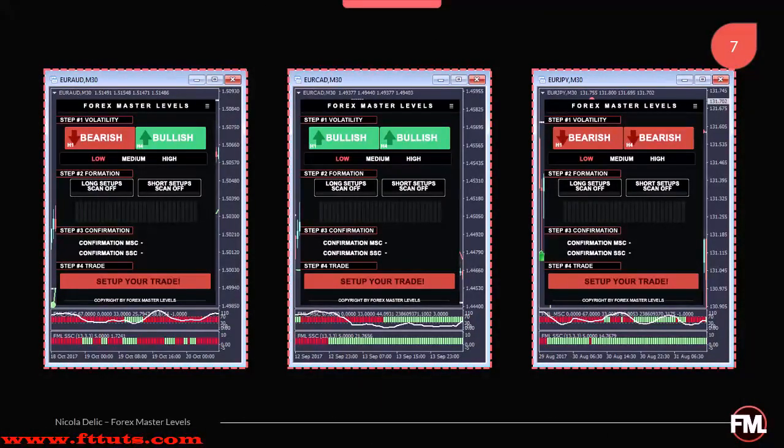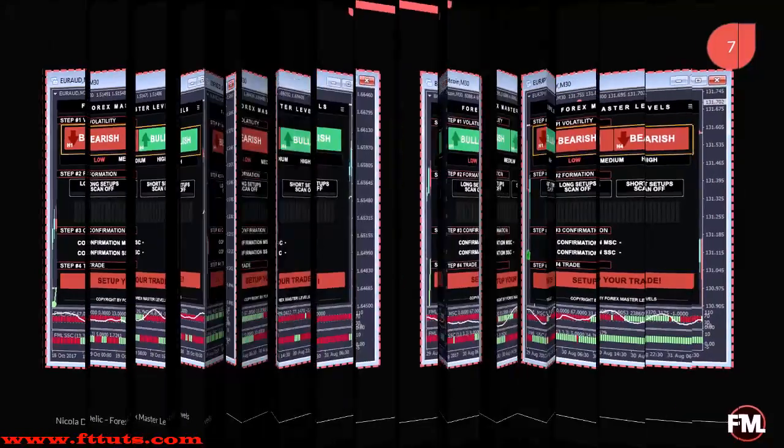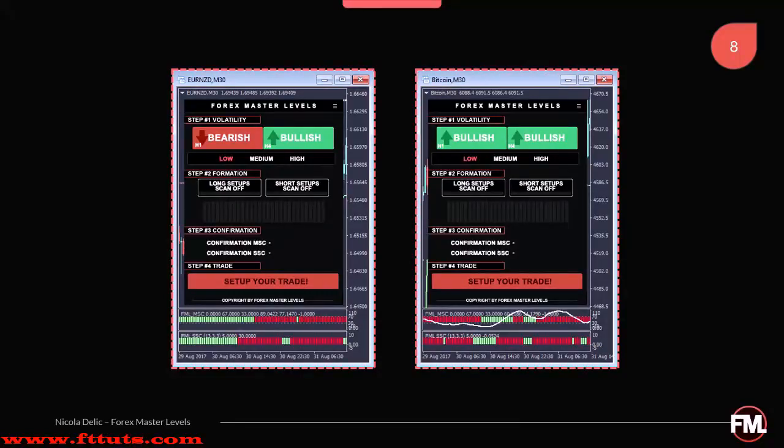Euro Aussie, we have what? We have down for the H1 and up for the H4, so mixed, nothing there. Euro CAD, a nice bullish trend. And the Euro Yen, a nice bearish trend, so these two we can keep. Euro Kiwi, we have a mixed signal, and for Bitcoin, we have a nice signal for the upside.